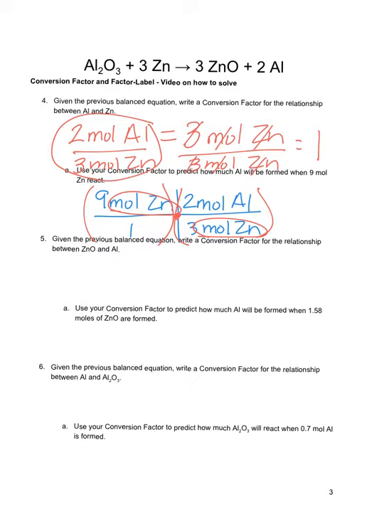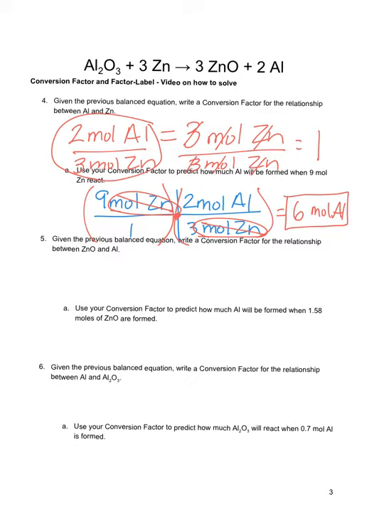I figure out what cancels based on what's on the top here. So moles of zinc cancels with moles of zinc. I'm going to end up with moles of aluminum, which is what it's asking me for. 9 times 2 is 18, divided by 3 is 6. So my answer would be 6 moles of aluminum.